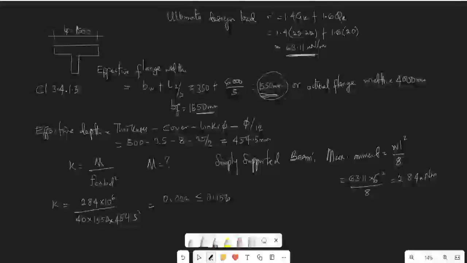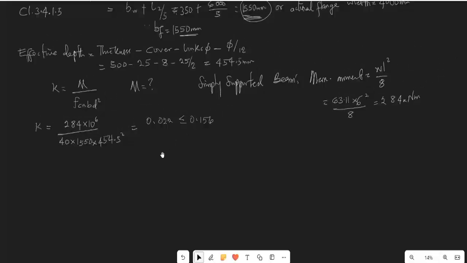Now, having done this, the next step is to check for our lever arm. All right, now the proof of this is that our K value being less than 0.156 is to say that our beam is singly reinforced.